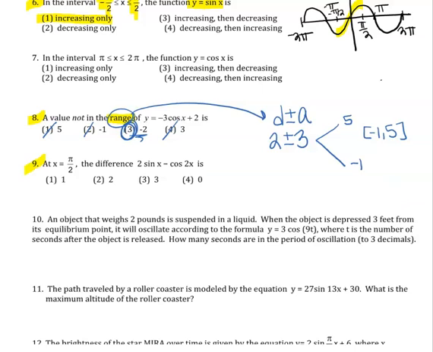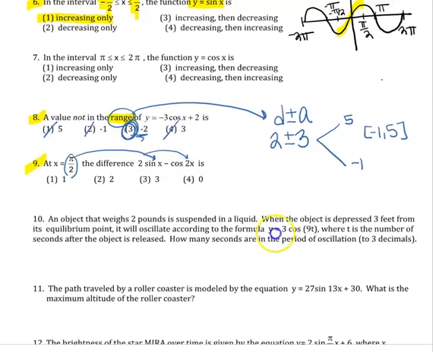All right, last multiple choice here. At x equals pi over 2, the difference between 2 sine of x minus cos 2x is what? Okay, so first of all, they're saying take pi over 2 and substitute it in for x. So let's do that.